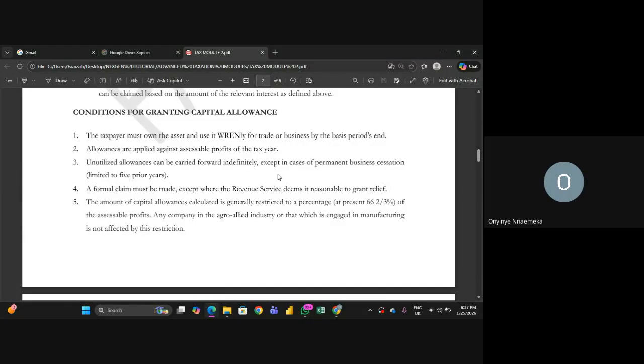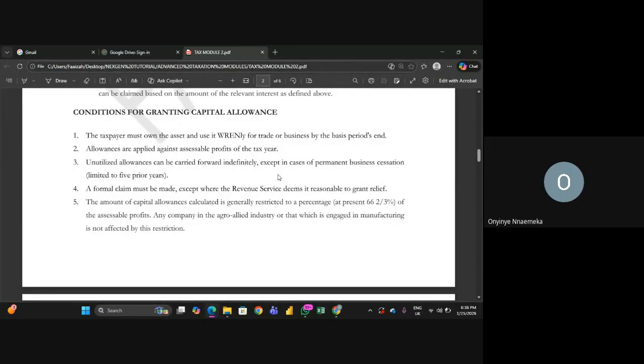Before, I think there was a restriction. I cannot really remember whether it's this one or loss relief. But now, you can keep carrying forward your allowance until there's profit to absorb it. But in the case of cessation, remember that the business is no longer in operation. So of course there will be no next year or no other assessable profits for them to relieve it against.